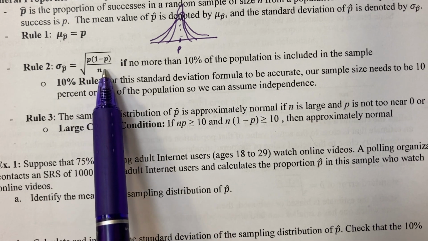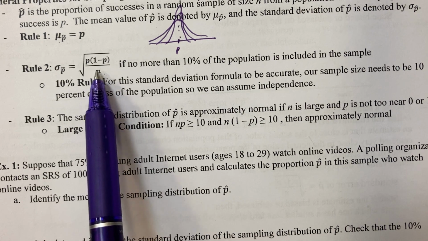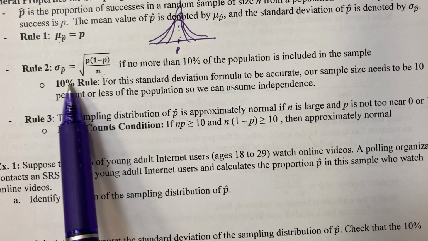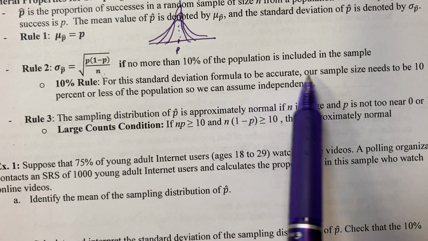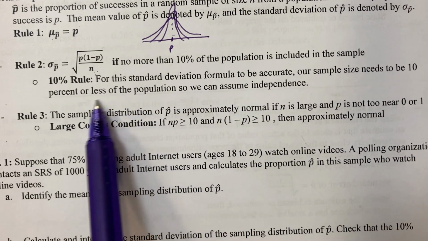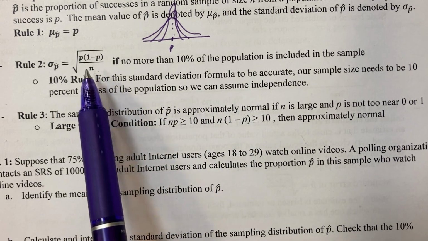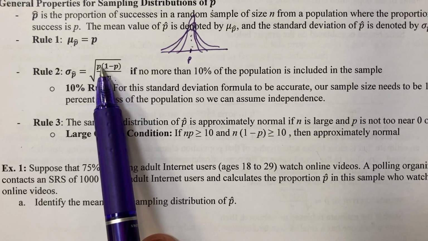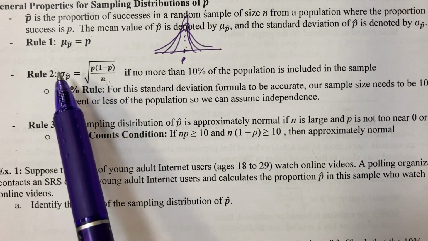Maximize this. All right, we want to make a big N, but not too big. In fact, it has to be less than 10%. For the standard deviation formula to be accurate, our sample size needs to be 10% or less of the population. So there is an upper limit to what N can be to be able to use this. But in general, the larger N is, the smaller this is.